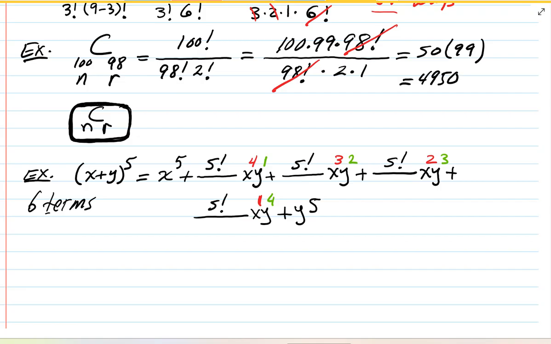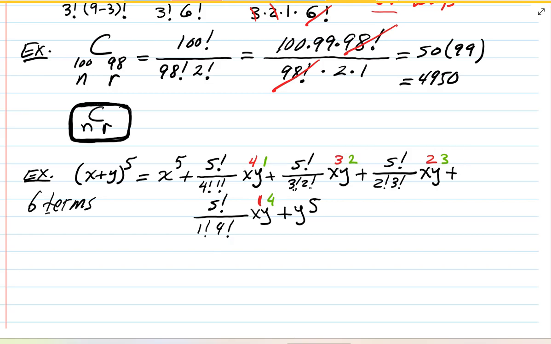And for the denominator, I copy and paste these exponents into the denominator, but be sure to factorial them. So 4, 1 becomes 4 factorial, 1 factorial; 3, 2 is 3 factorial, 2 factorial; 2, 3 is 2 factorial, 3 factorial; 1 factorial, 4 factorial.